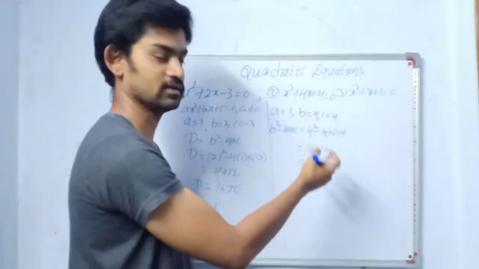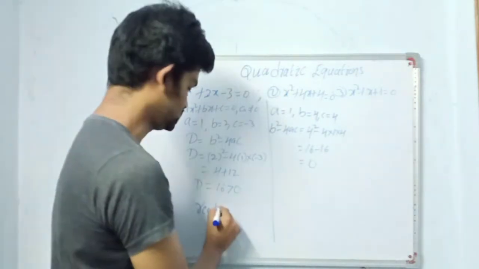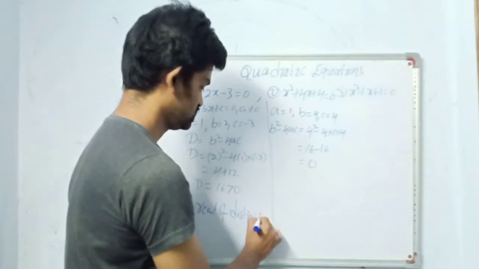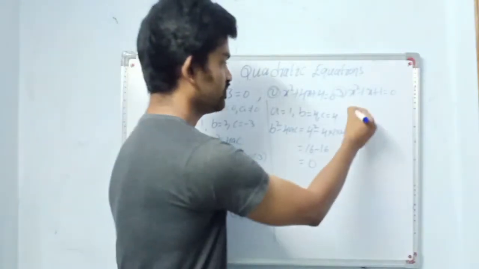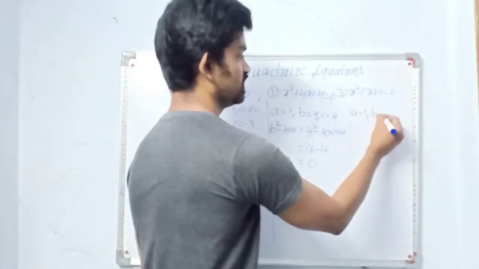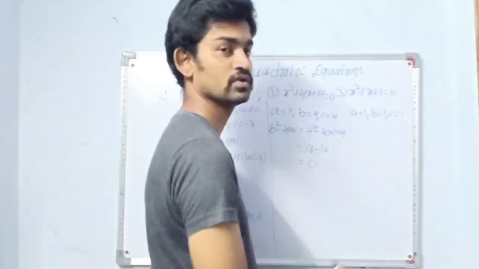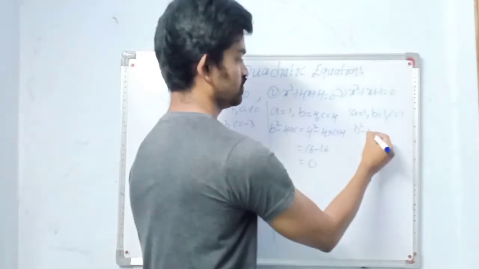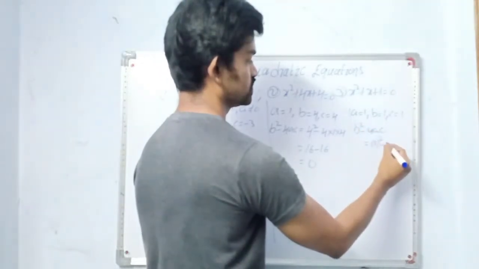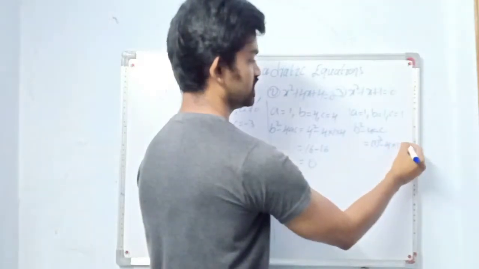Real and equal. If greater than 0, real and distinct. Okay. We'll see the third case now. Here a value is 1, b value also 1, c value also 1. B square minus 4ac value we'll try to find. B square is 1 whole square minus 4 into a is 1, c also 1.